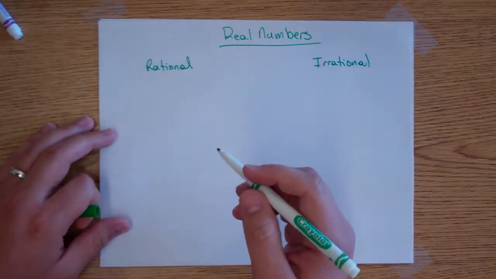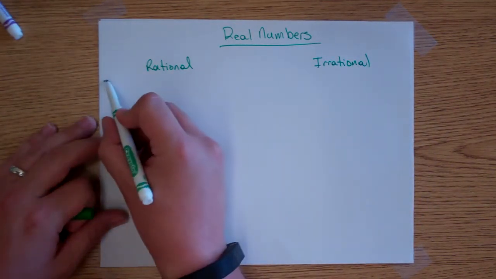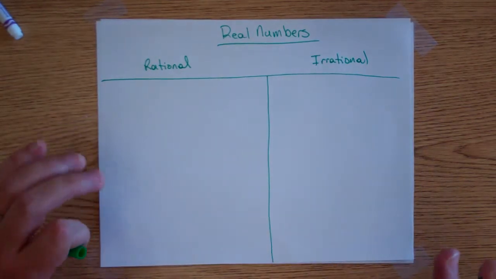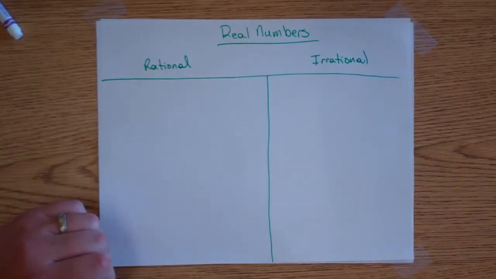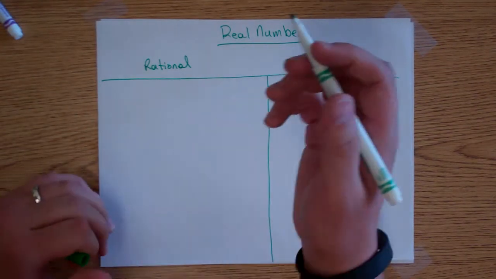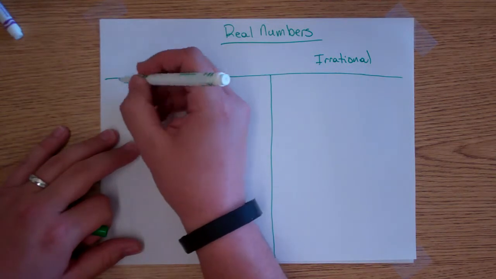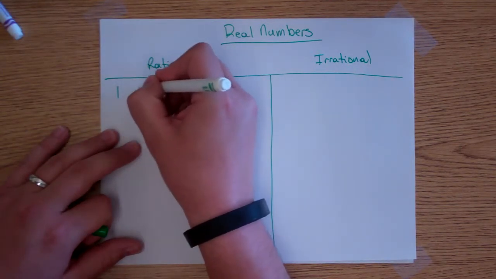Okay, rational numbers, they can be broken down as well. At the very basic level of rational numbers, you have pretty much every number that is either, say, a whole number like 1 or 2.